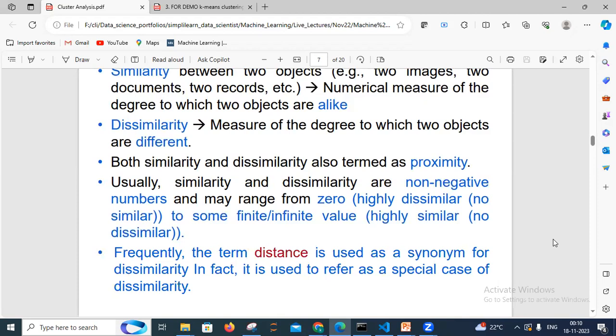Frequently the term distance is used as a synonym for dissimilarity. In fact, it is used to refer to a special case of dissimilarity. So distance is what we have to measure.